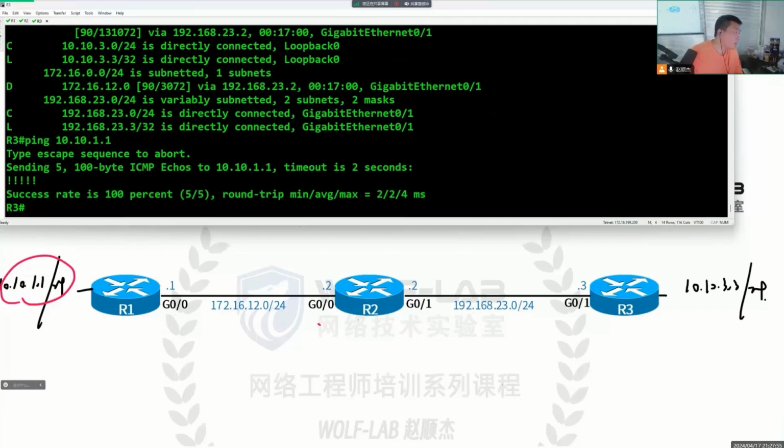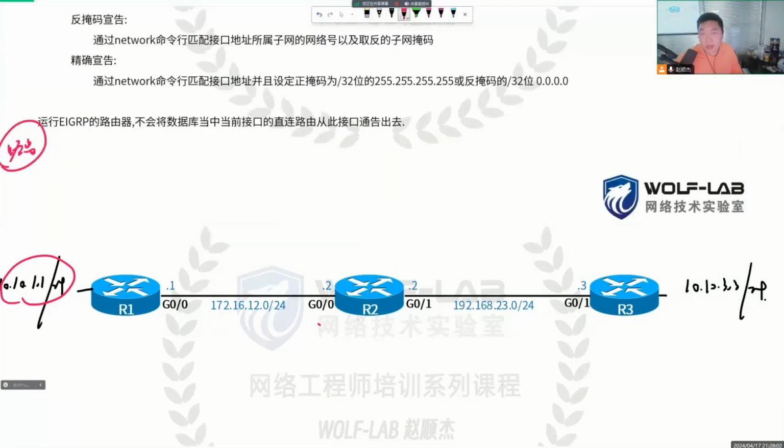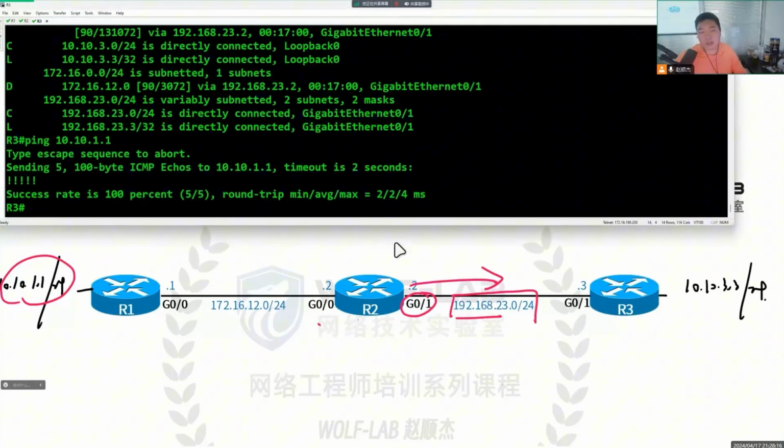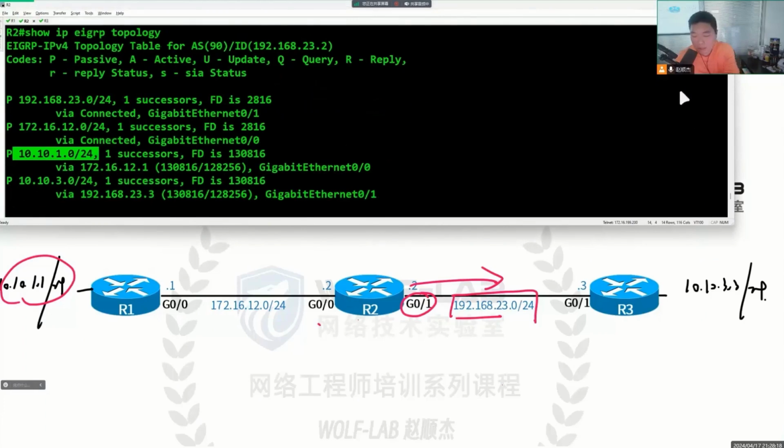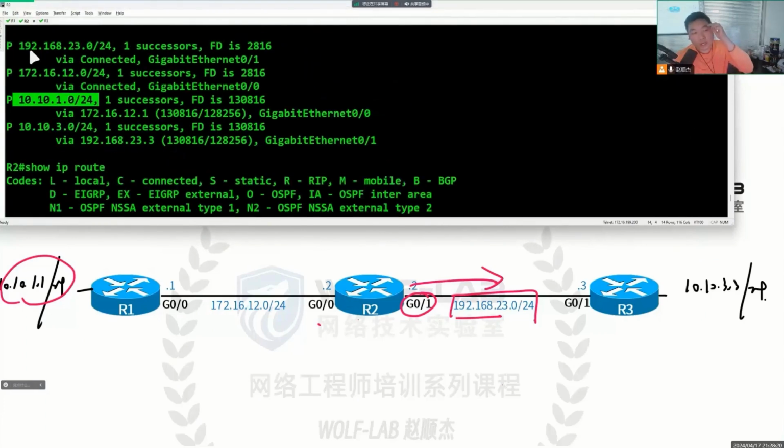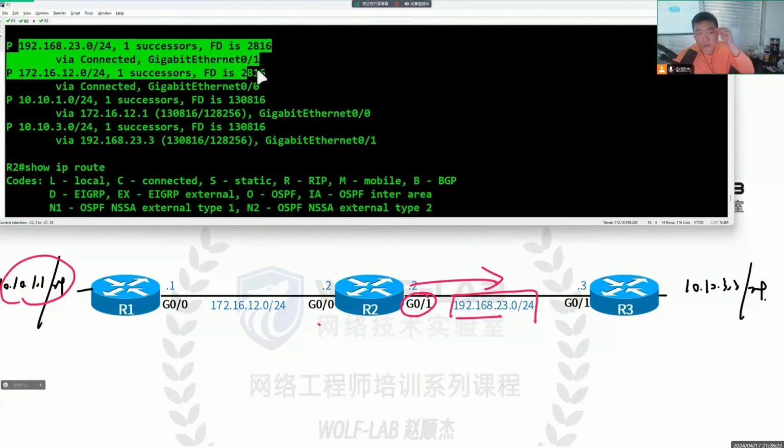Show ip route: calculated as a route, then 10.10.1.0, I go out from the 0/1 interface to access it. R2 told me about the 10.10.1.0 route, and I find him on the way back. So I ping 10.10.1.1. It's connected.